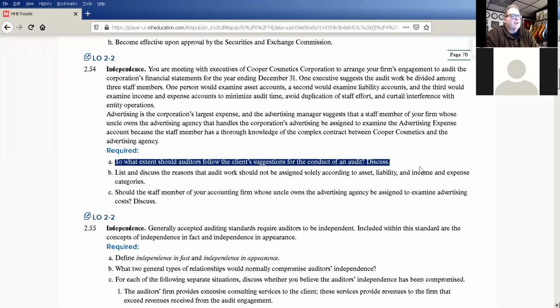Okay, so let's think about these for a second. To what extent should the auditors follow the client's suggestions for the conduct of an audit? So, should the auditors do the audit the way the client wants it? No. I say no. You're there to be objective and unbiased, and they do not dictate how you do the audit.